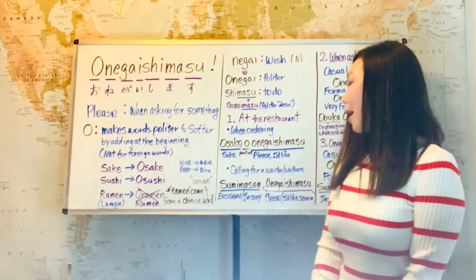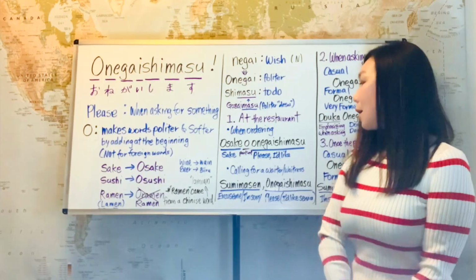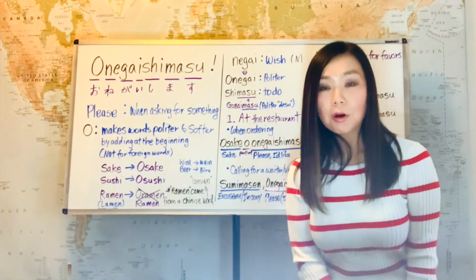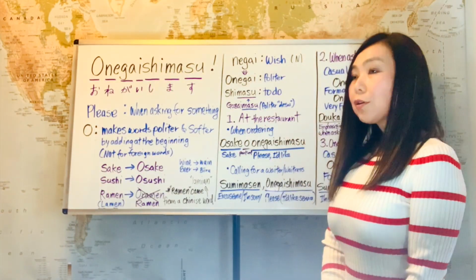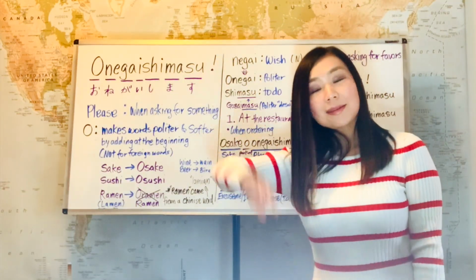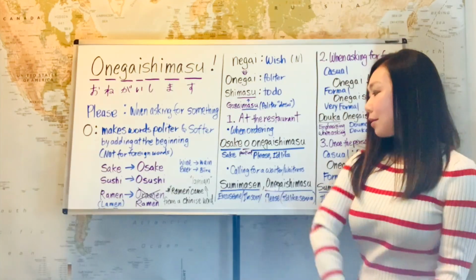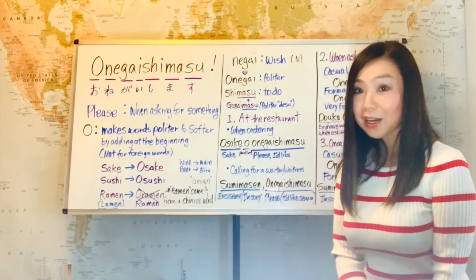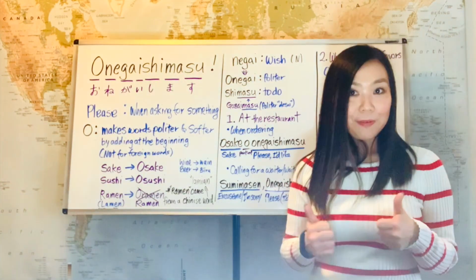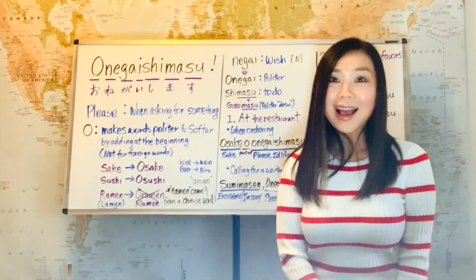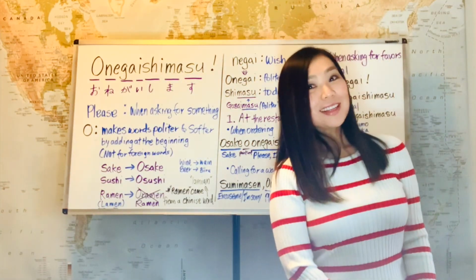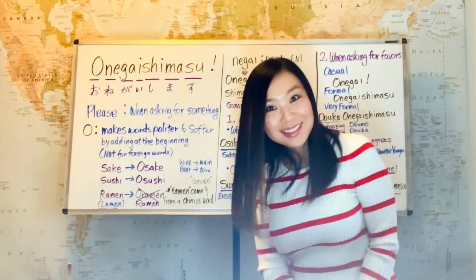Right? And you can use onegaishimasu when you're calling for a waiter or waitress. You can just say onegaishimasu. That's all right. But if you want to add sumimasen, that means excuse me or I'm sorry, that would be perfect. Sumimasen, onegaishimasu. If you could say that, I would be impressed.